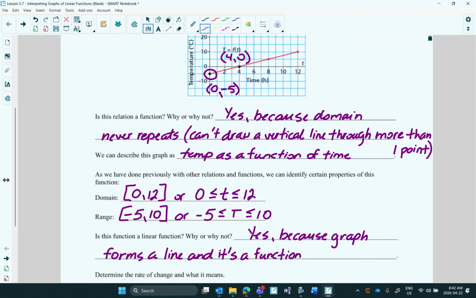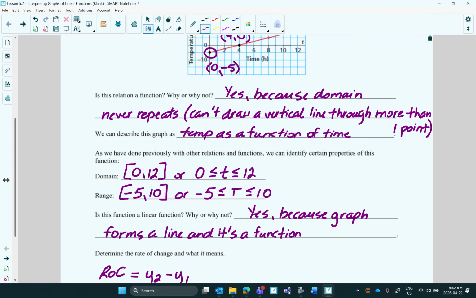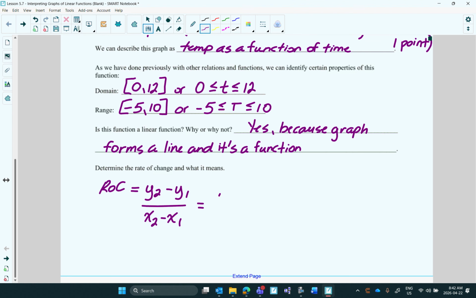So we would subtract 0 minus -5 over 4 minus 0, which is 5/4. And with rate of change, we always want to go to decimal. It usually makes more sense. So you can just divide this on your calculator, and you get 1.25.